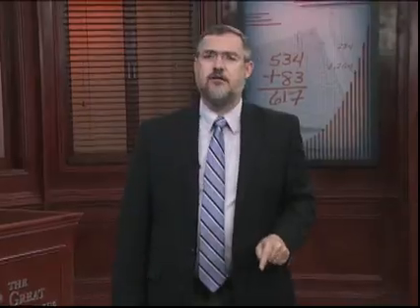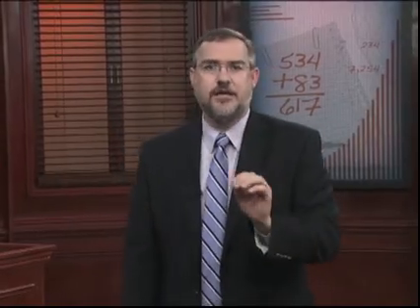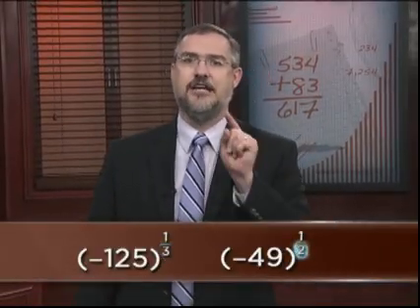Now, I hear some of you saying, hey, wait a minute. We tried a problem a few minutes ago that had a negative number inside those parentheses, and it didn't have an answer at all. Why did it work here with the negative 125 raised to the 1/3? Well, I don't want to get too technical here, but the reason we can get an answer for negative 125 raised to the 1/3, but we can't get an answer for negative 49 raised to the 1/2, is that the denominator of 3 in the power 1/3 is odd, while the denominator of 2 in the power of 1/2 is even.